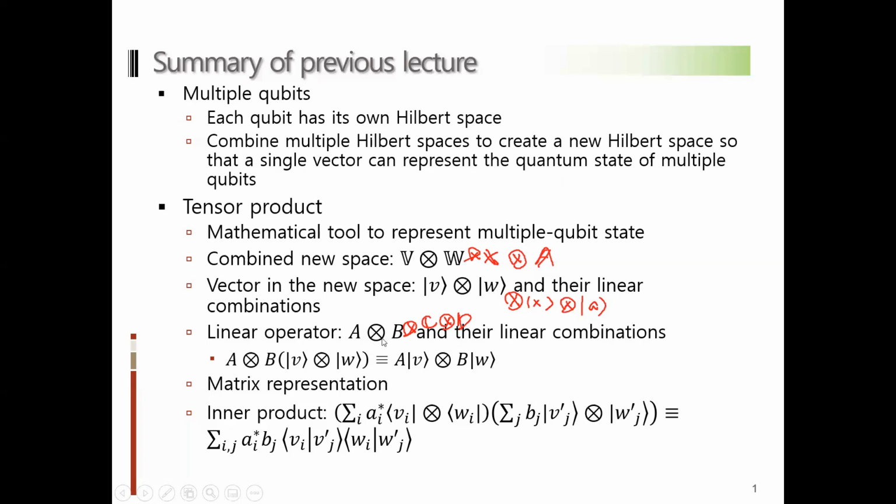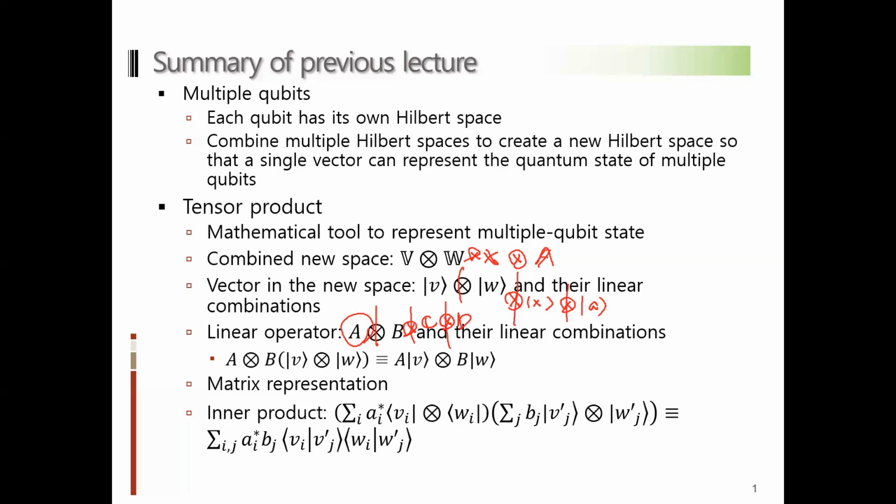In this case, if this kind of linear operator works on this vector, the application rule is quite simple, as I mentioned. We can think that this is just a partition like this one, and this is also a partition like this one.